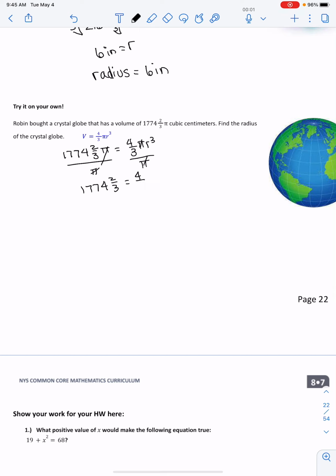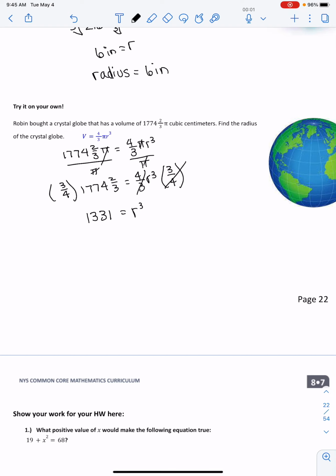equals 4/3 r cubed. The next thing I'm going to do is multiply both sides by 3/4. So in my calculator, I'm going to multiply that by 3/4, and I am going to get 1331, and that's going to equal r cubed.